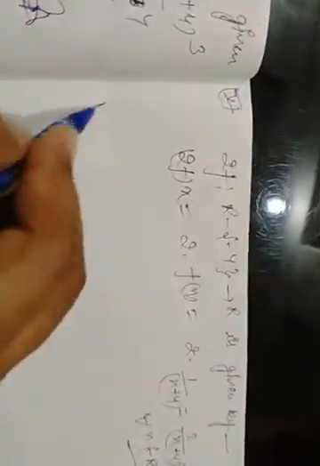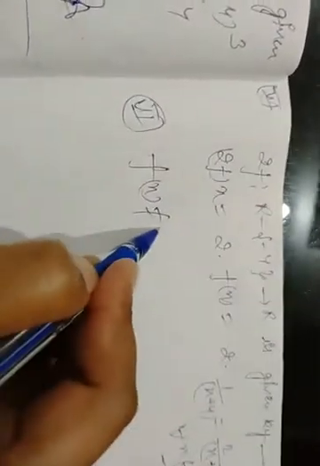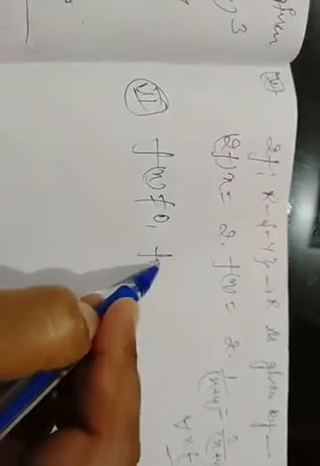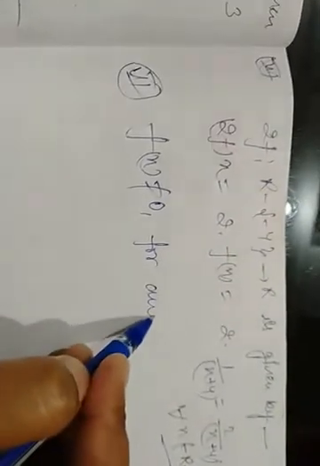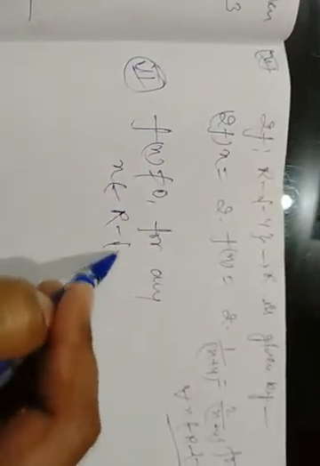This is the fifth part. Now we take the last part, the sixth part: 1 upon f of x. We observe that f of x is not equal to 0 for any x belonging to R minus {-4}.